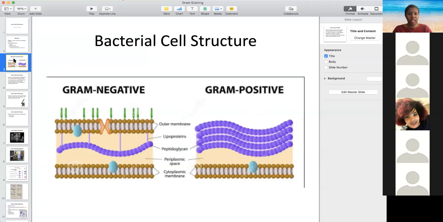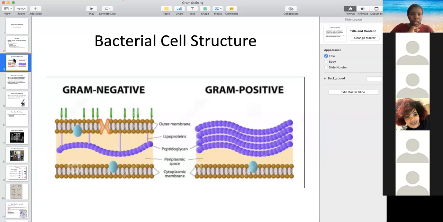All cells have a cell membrane, but not all cells have the cell wall that's going to be a barrier outside of that plasma membrane. Bacteria cells have it, and some other organisms have it, like fungi and plants. This cell wall in bacteria can vary in terms of its thickness.